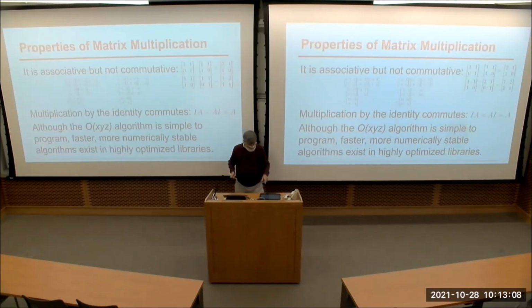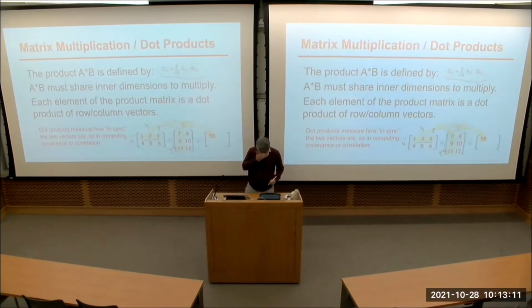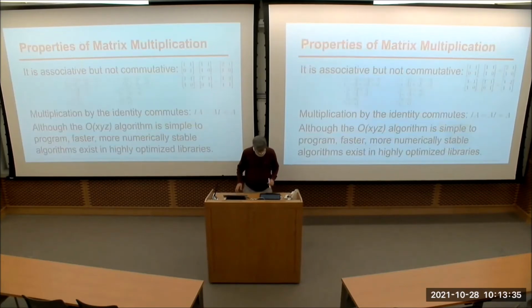Now, matrix multiplication basically reduces to this: if you have an X by Y matrix times a Y by Z matrix, you come out with an X by Z matrix, each element of which was a dot product on vectors of dimension Y, and therefore the time it took was X times Z times Y. You've seen the simple loop program to compute the products of matrices, which takes the product of its dimensions.